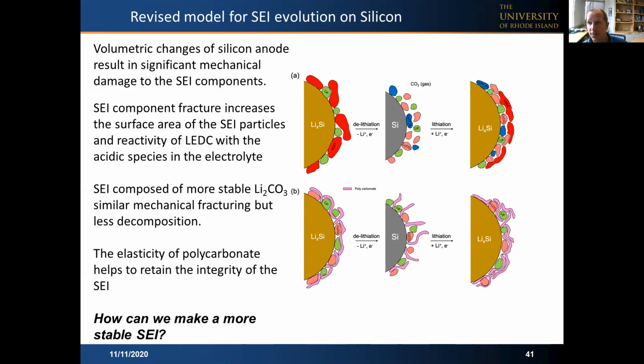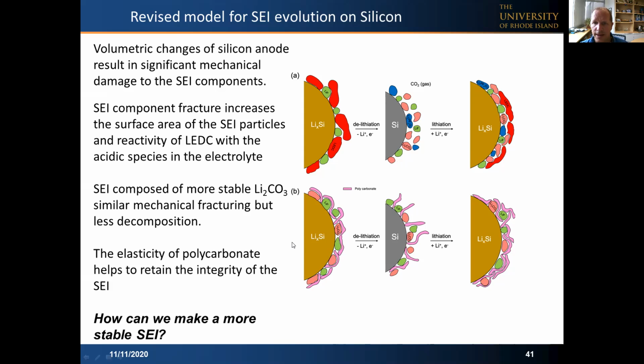As we relithiate the surface of the silicon, we expand again. We have once again the inner SEI, which is predominantly composed of lithium carbonate and lithium fluoride, and we generate a new outer SEI resulting from the generation of more new lithium ethylene dicarbonate. While in the case of the FEC, we have the poly VC or the poly FEC on the surface, along with high concentrations of lithium carbonate and lithium fluoride.